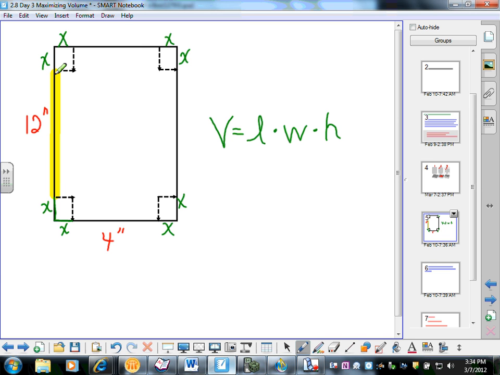And that's no longer 12 because we're taking away this little bit here and this little bit here. So it's going to be 12 minus 2x. So I'm going to replace my L with 12 minus 2x, an expression in terms of x. We're going to do the same thing for the width.